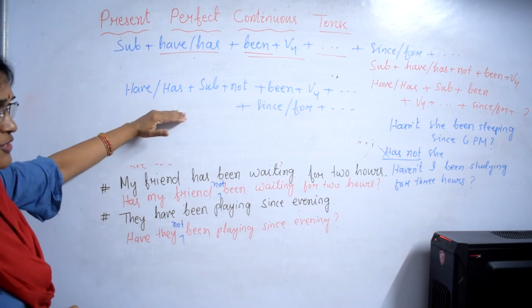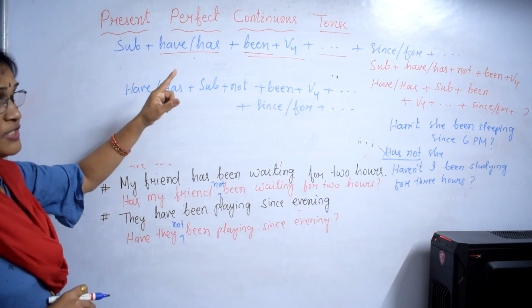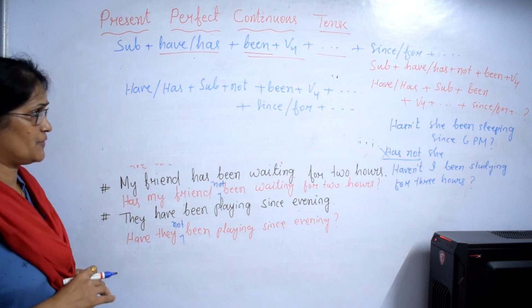This is the structure for the present perfect continuous negative interrogative, right?